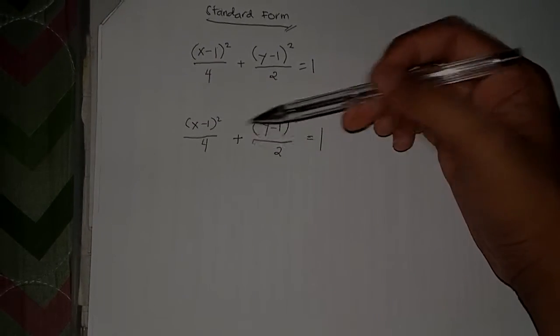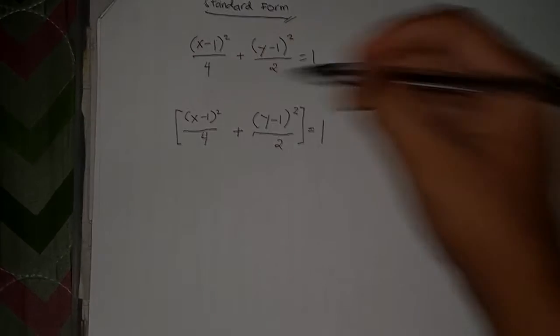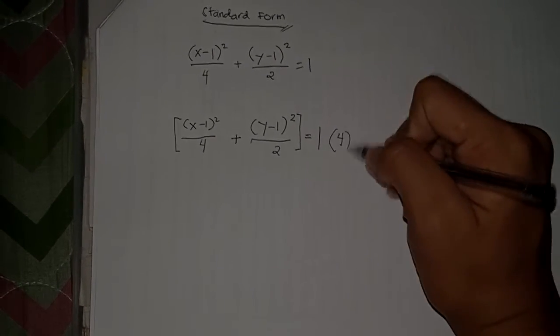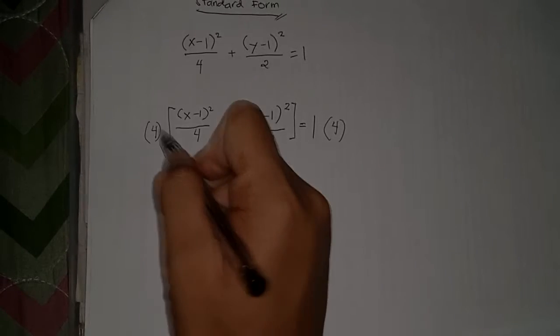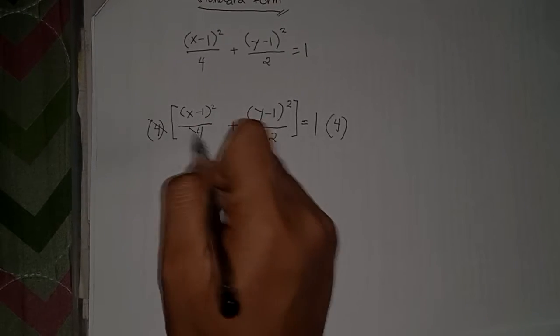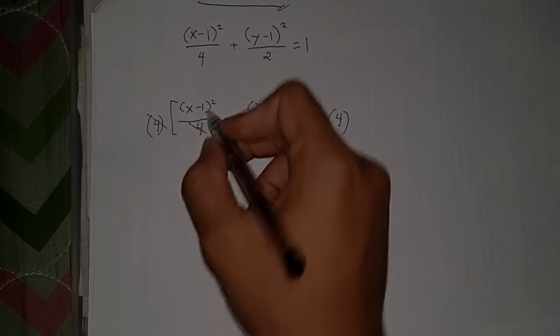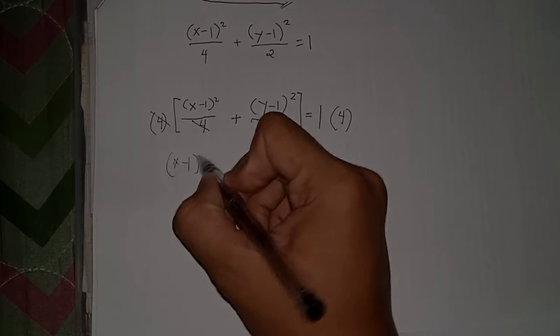The least common denominator of this is 4. So we have to multiply both sides by 4. So 4 divided by 4 is 1. This will be cancelled out, so we copy x minus 1 squared.